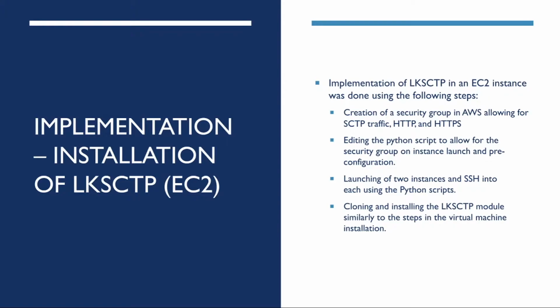I then launched the 2 instances and SSHed into each instance using the Python scripts that I wrote. I then cloned and installed the Linux kernel module in the same way that I installed it on the Ubuntu virtual machine. The steps were exactly the same, and the folder was located in the exact same place.